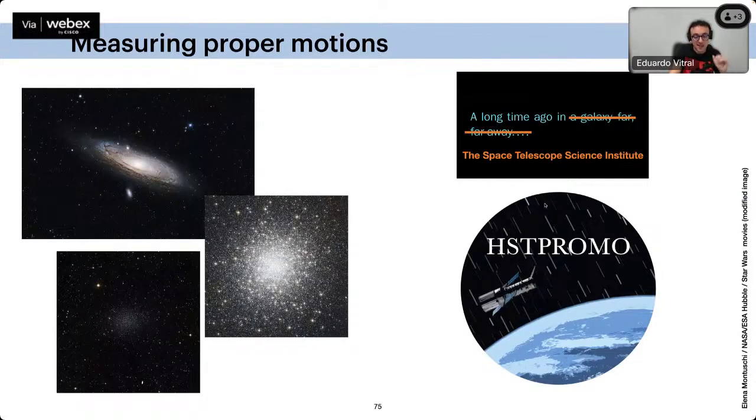And since it's been created, it has been studying different sources around our Milky Way, like globular star clusters, dwarf galaxies, or even our neighbor Andromeda galaxy. And the idea is that with those motions, we can resolve different degeneracies in modeling of the mass and of the orbits of those different objects in our sky.